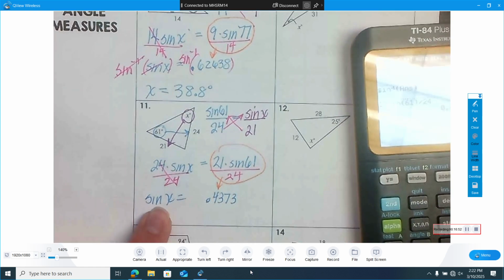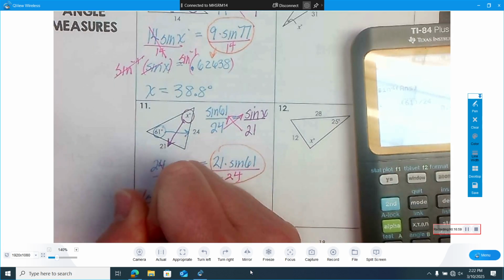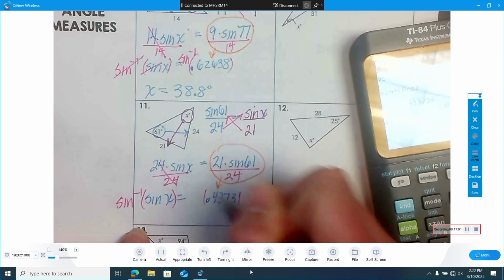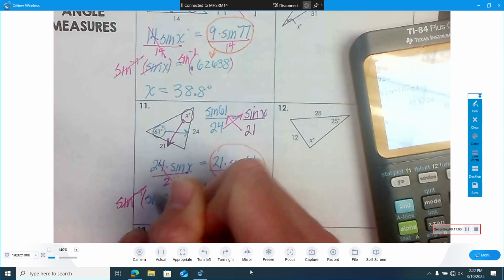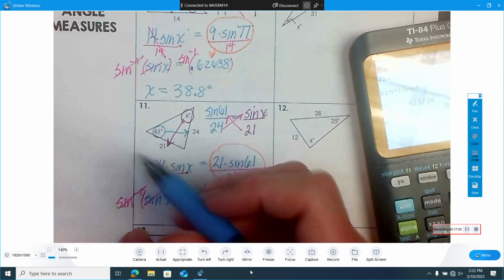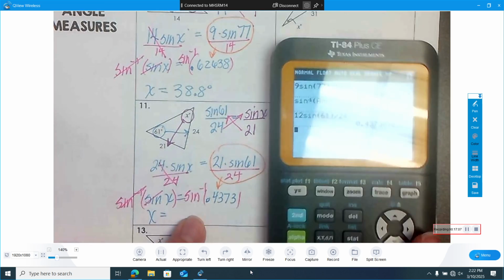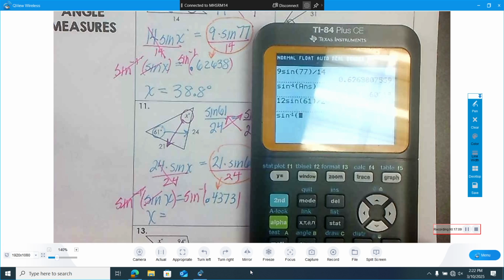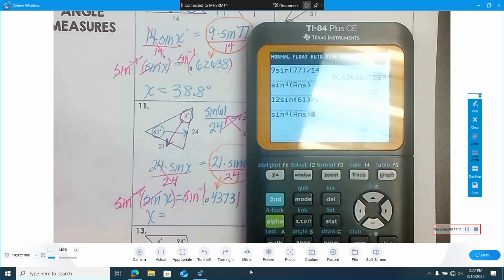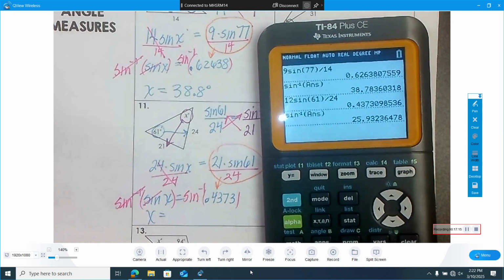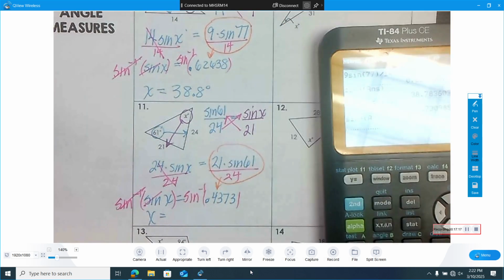And then how do you release the x from the sine function? Sine inverse of both sides. Sine inverse and sine undo one another, freeing the x. And in my calculator, we're going to do sine inverse, second answer. And we get 25.9.